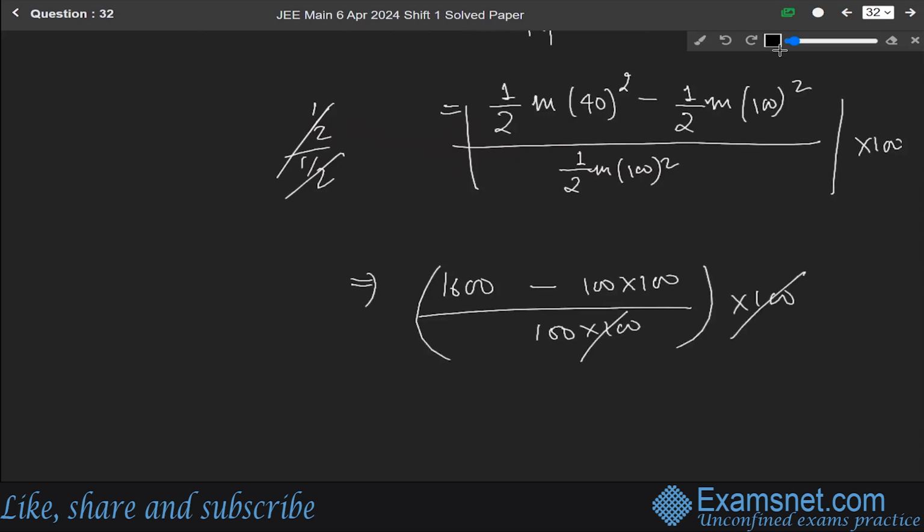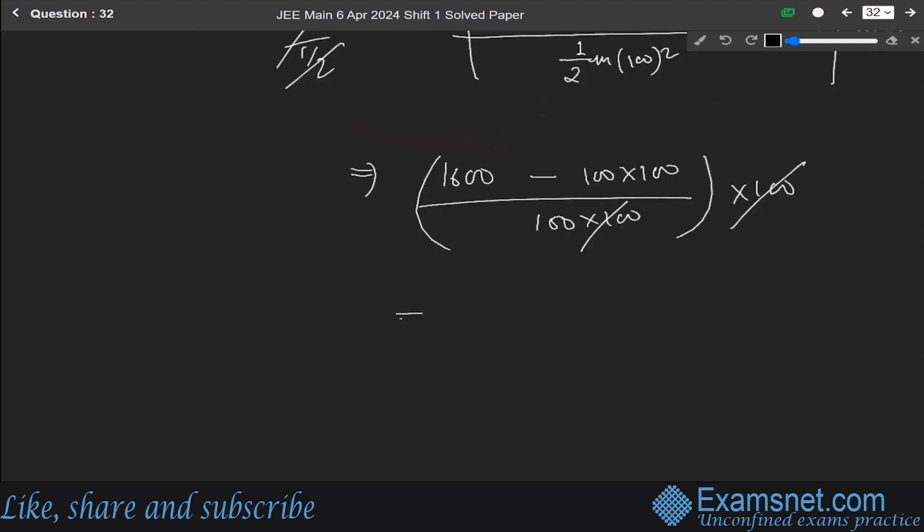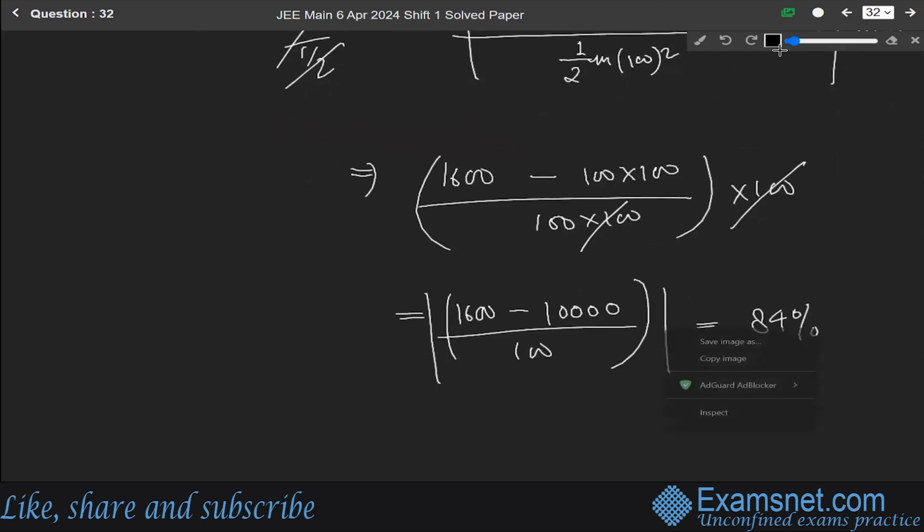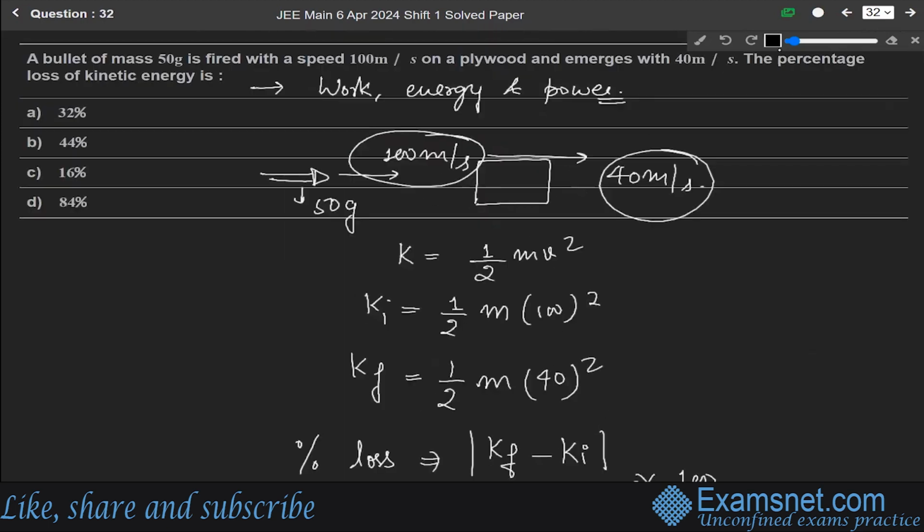So this 100 cancels out, and we get 1600 minus 10000 over 100. Simplifying it and taking its modulus, we get 84%. So our answer is 84%, which means option D.